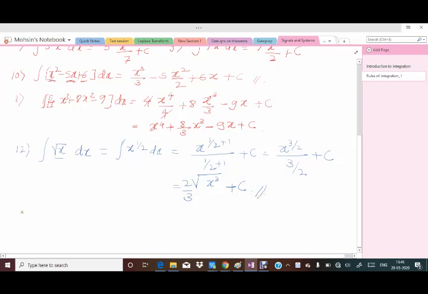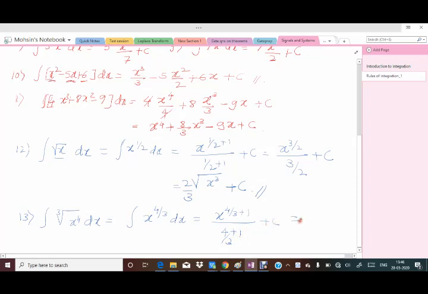Now similarly, suppose I have another expression, say here they have given us cube root of x raised to 4 dx. So here again we can try to write this expression as x to the power 4 by 3 dx, and therefore I can write 4 by 3 plus 1 divided by 4 by 3 plus 1 plus c.